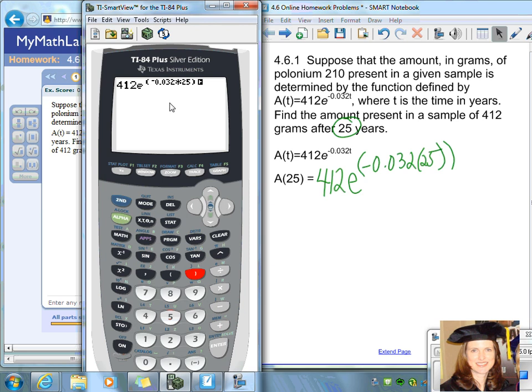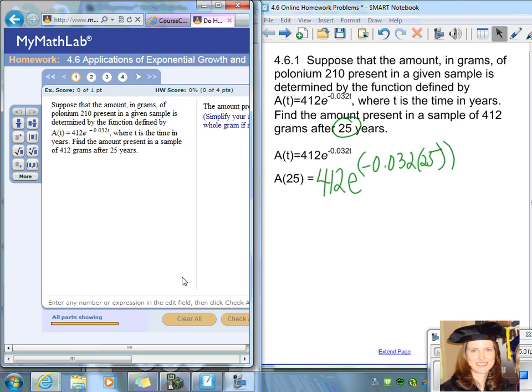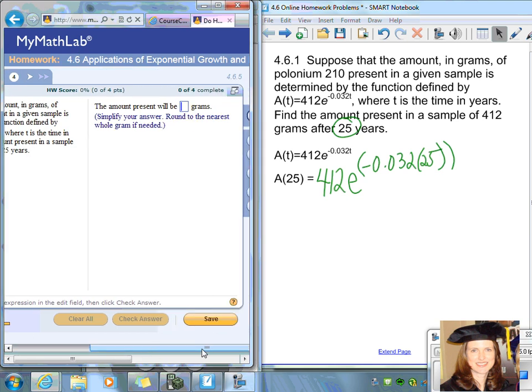Okay, 412 e to the negative 0.032 times 25 years. And we get 185.1235 grams. And I believe we want to round to the nearest whole gram.